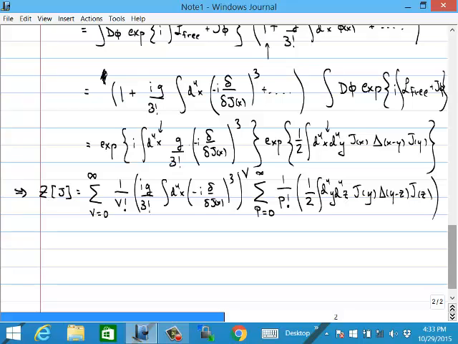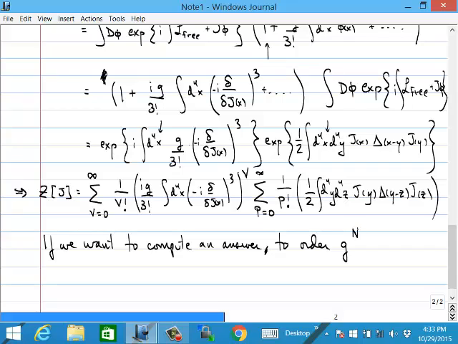And the basic idea is that if we want to compute an answer to some desired order in our perturbative parameter, our coupling constant g.